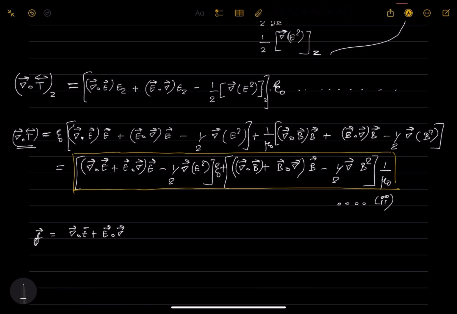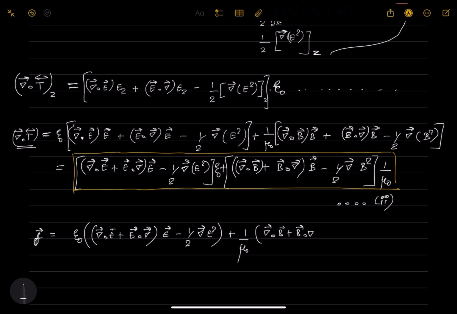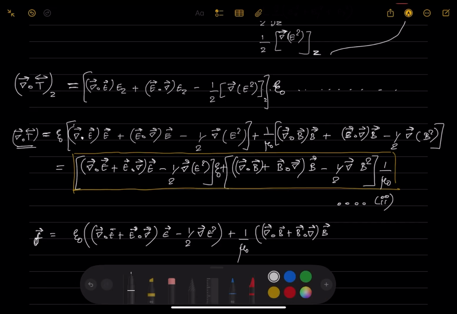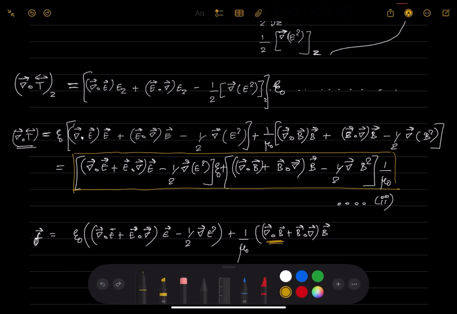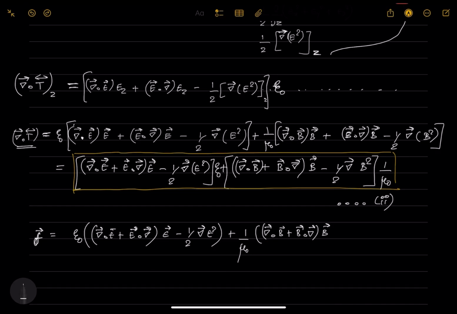Okay, so the local force density that we obtained is epsilon naught times del dot E plus E dot del times E minus half of the gradient of the E squared scalar field, plus 1 over mu naught times del dot B plus B dot del times B. And note again that this is 0, but we're still writing that term in order to maintain mathematical symmetry between E and B, minus half of the gradient of the scalar B squared field. Minus, we had another term, which was 1 over c squared times the time derivative of the Poynting vector.